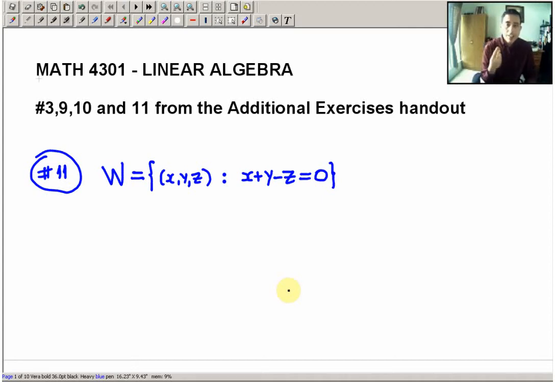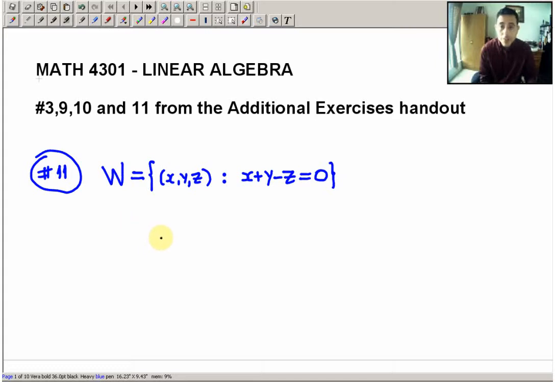And second, if we pick a vector and multiply by a scalar, is the multiplication still in that set W? If those two conditions are satisfied, then yes, W is a subspace. If it's a subspace, then it is a vector space, so we can find the dimension. We need to find the basis for it.